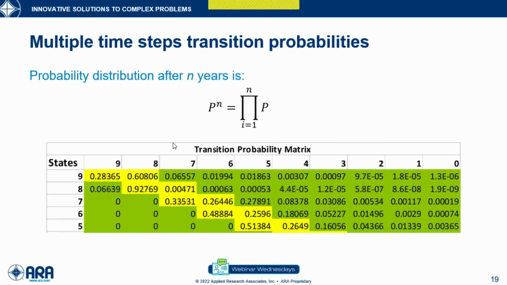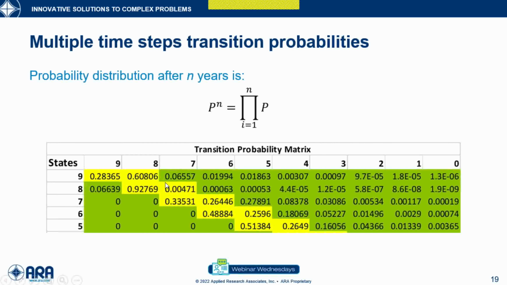Now, being a memoryless or homogeneous transition system as well doesn't necessarily mean that we cannot look into the future with these. To look at multiple time steps from the current condition, you simply multiply the same transition probability matrix by itself.